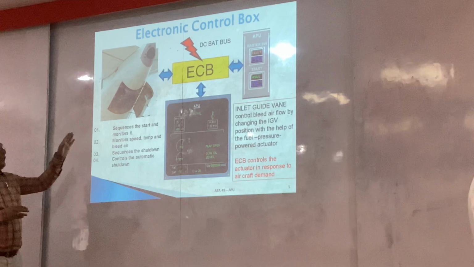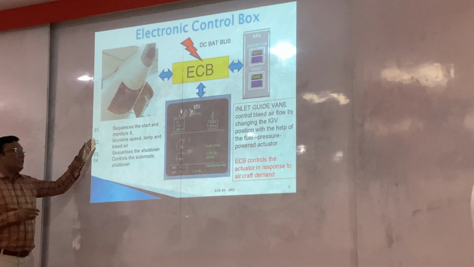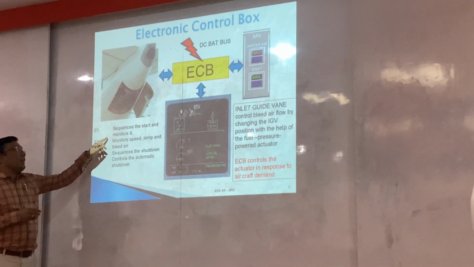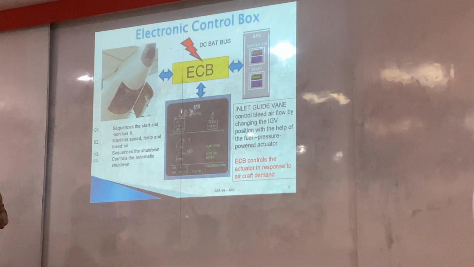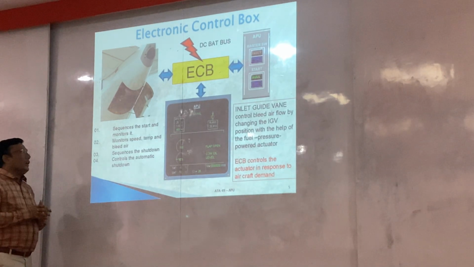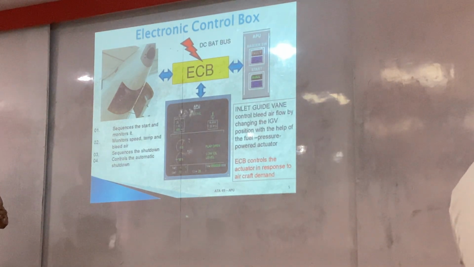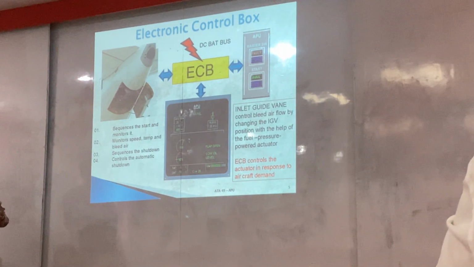So these are the functions of the ECB. It sequences the start and monitors it. When you are starting the APU, at that time it will sequence the start. There are certain procedures. We will see the normal procedure, starting procedure and shutdown procedure for the APU given in the manual.